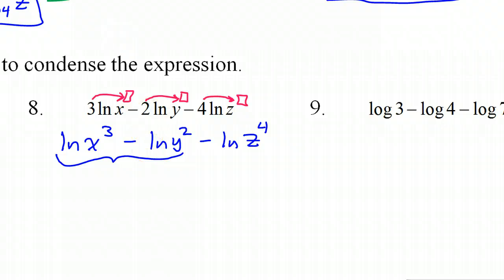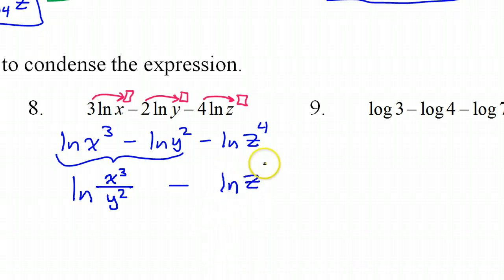So these two will become the natural log of x to the third power over y squared. Notice the natural log, the ln, you only write one of those. So it's the natural log of this divided by that. And just bring this down. So we still have minus natural log z to the fourth power.